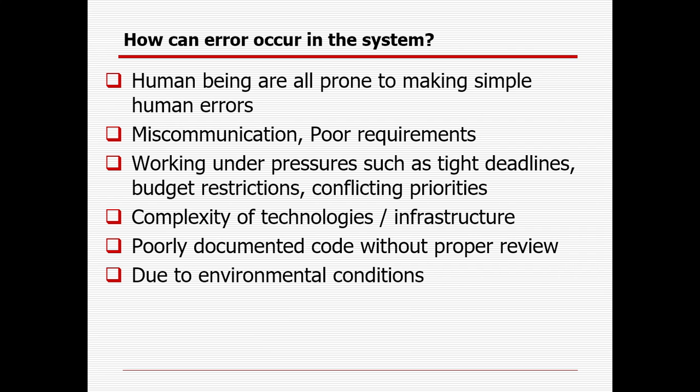Okay. So how might an error or defect come into the system? We are all human beings, even a computer can make a mistake, right? So definitely there can be some problem. We can make that kind of error while developing the product. There might be miscommunication, the requirement is not up to the mark, the communication channel is not proper.